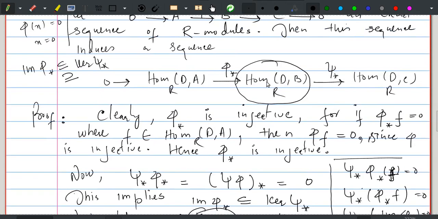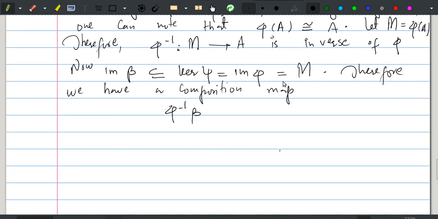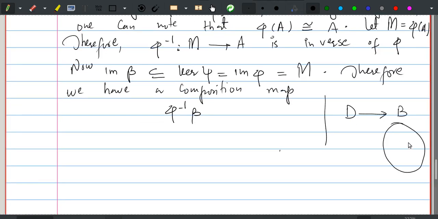So one can look over here, the kernel of psi star is contained in Hom(D,B). So this beta is actually a map from D to B. But over here in B we have this image of phi. So this is beta from D to the image of phi, which is actually equal to M. From M we have a map, phi inverse from M to A. So this goes to A via phi inverse.